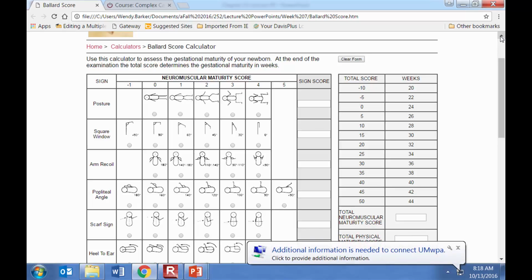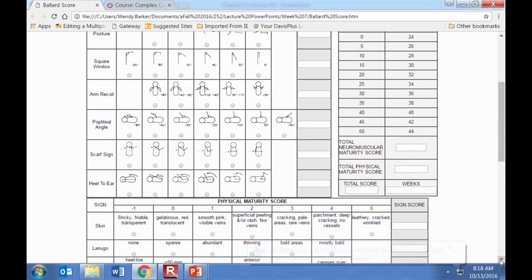So for whatever score I had my baby, say it was a 3, I would put 3 out here. Say this was a 3, I would put 3, maybe I've got a 4, maybe I got another 4. All those numbers are placed over here, and then we add that total. Okay, we add that total, and we put that amount right here, whatever our total is.